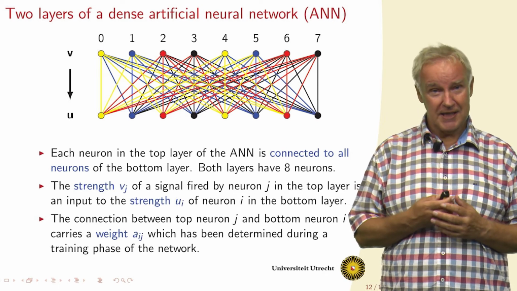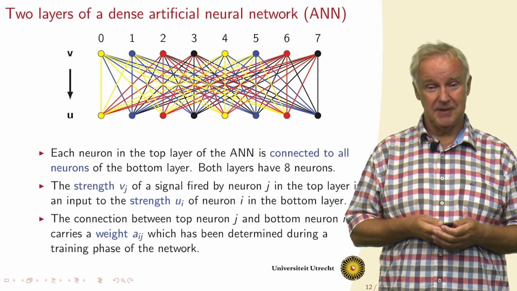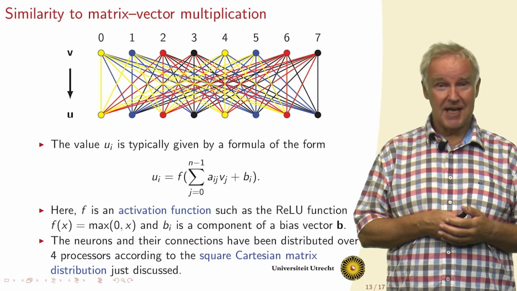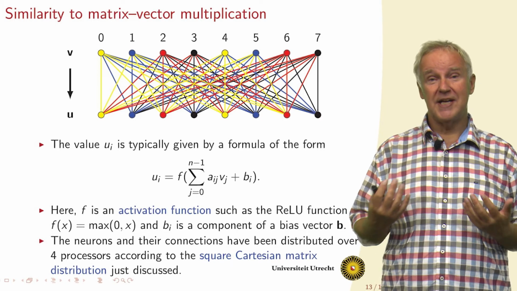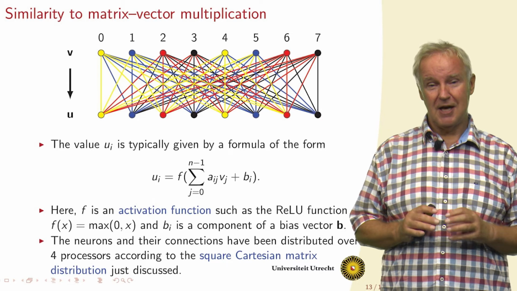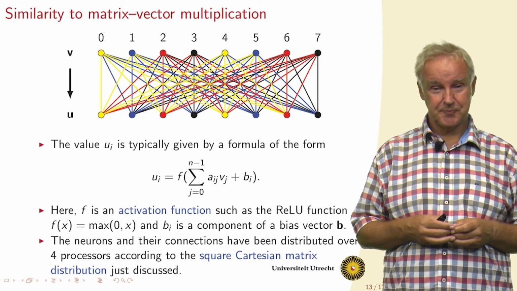So every connection has a weight, which in this case is aij. And these aij's are determined by the training of the neural network. So here we're talking about how we deploy the neural network.